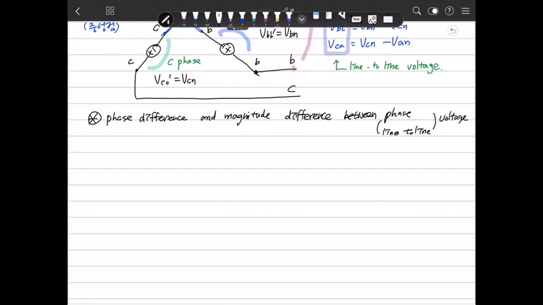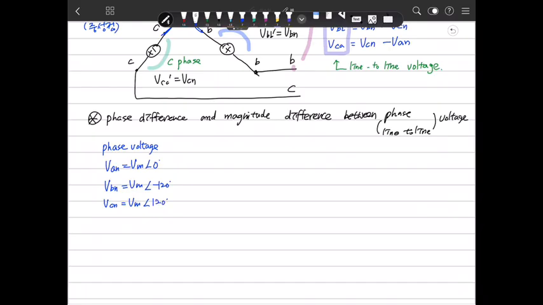Let's define the phase voltages. Okay, here VAN is VM 0 degree. VBN is VM minus 120 degree, and VCN is VM 120 degree.